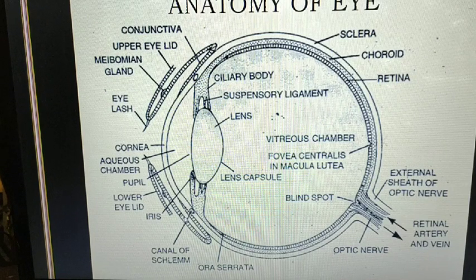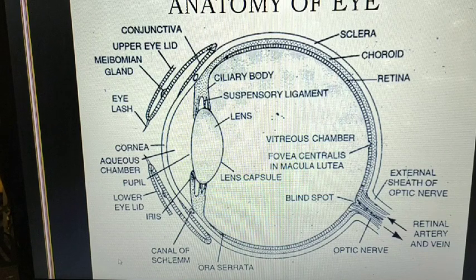So this cornea is transparent and thin, and it is covered by a thin transparent conjunctiva which is continuous with the lining of eyelids, and it lacks blood vessels but rich in nerve endings. So this helps in blinking and also flow of tear.